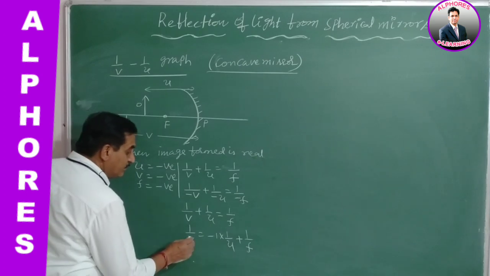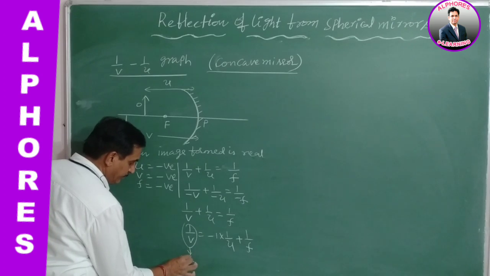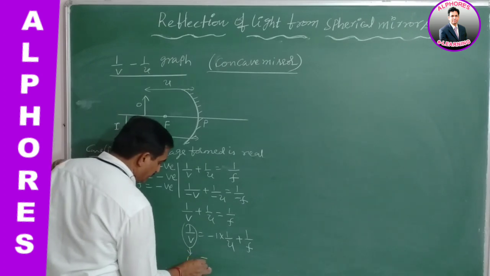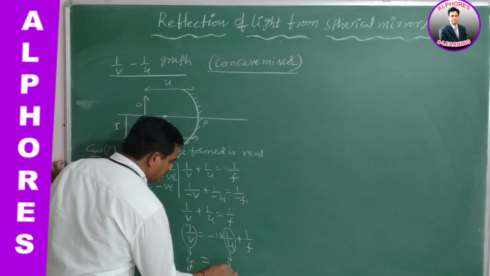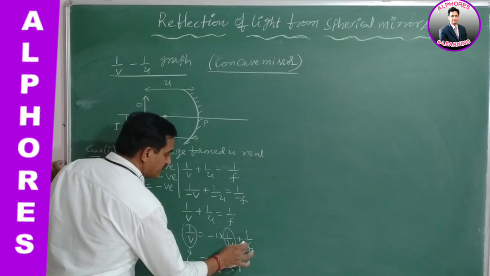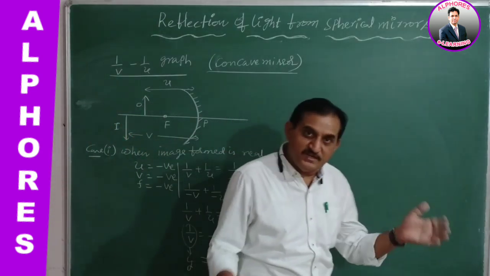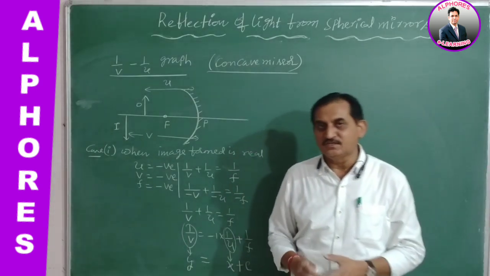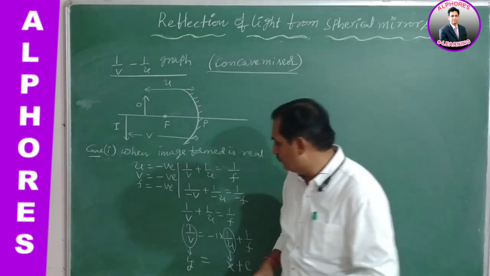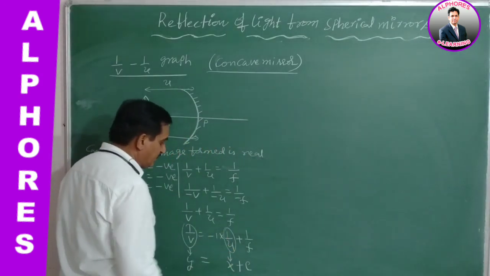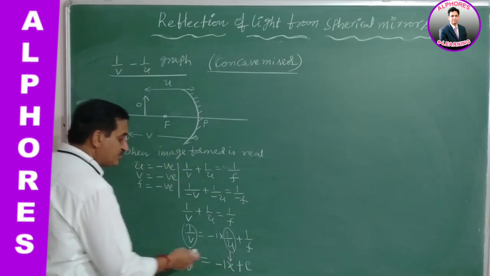Nothing wrong, it is similar to what we take on the y-axis. So 1 by U is taken on the x-axis, plus this constant, because the focal length does not change even if the object position changes. The focal length of the mirror remains constant, so 1 by F is a constant here, and minus 1 is the slope.